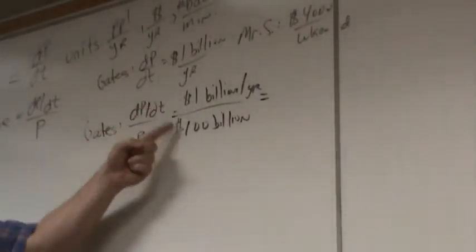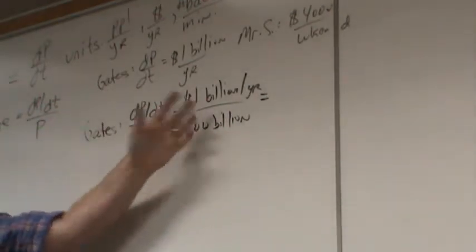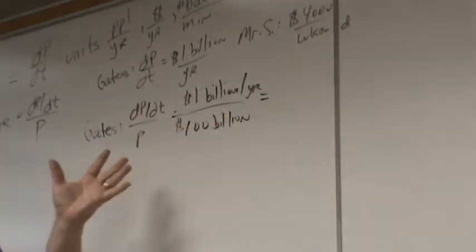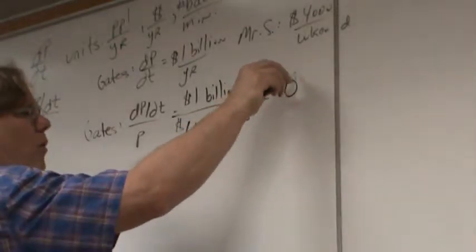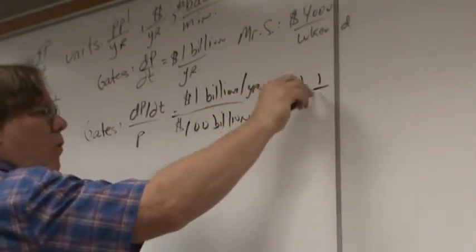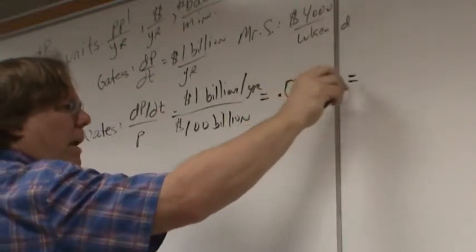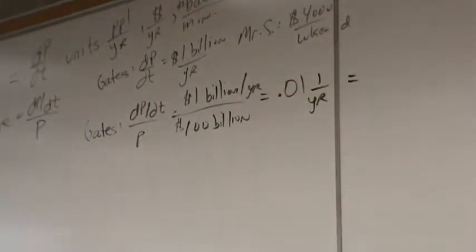So what are the units of his relative growth rate? Well, I hope you see that the dollars cancel, the billions cancel, and all you get is 1 over year. And in fact, in this case, it'd just be 0.01, 1 over years. But we usually don't express relative growth rate as just the decimal 0.01.